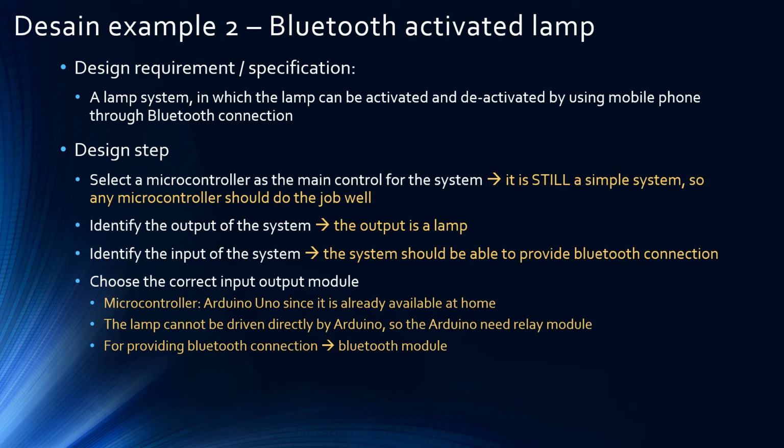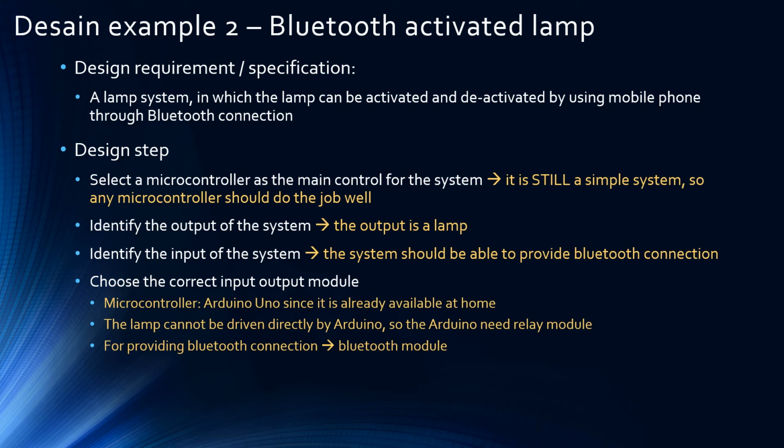The connection between the lamp, the system, and the smartphone is through Bluetooth. So the design requirement becomes a lamp system in which the lamp can be activated and deactivated by using a mobile phone through a Bluetooth connection.